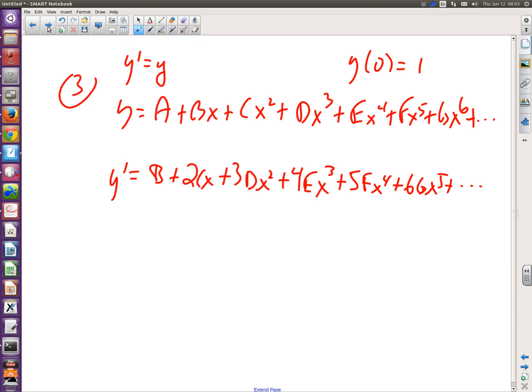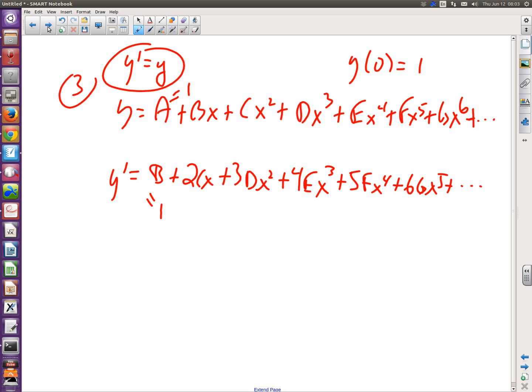So what if we plug in 0 for x and 1 for y? What do you get? If x is 0 and y is 1, what do you know? A is 1. Let's write that. Now, from then on, y prime equals y, right? So b is 1.